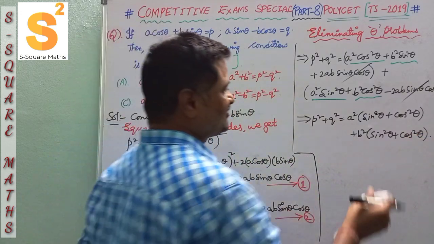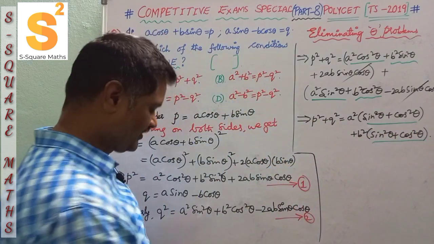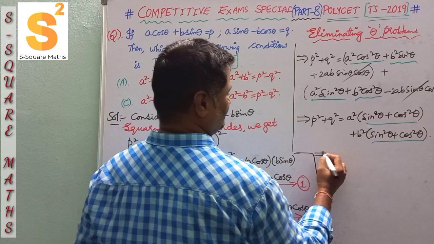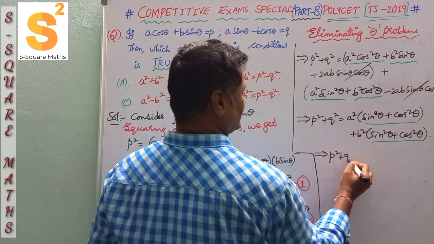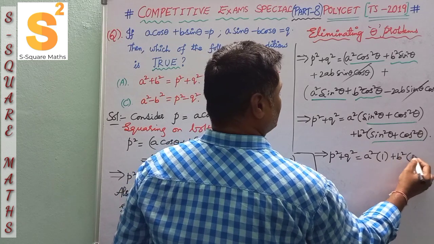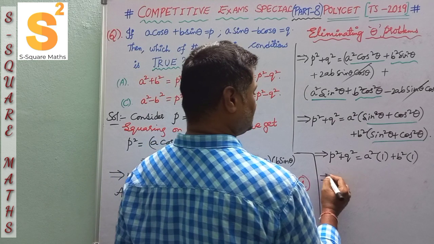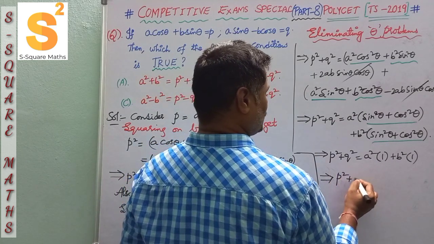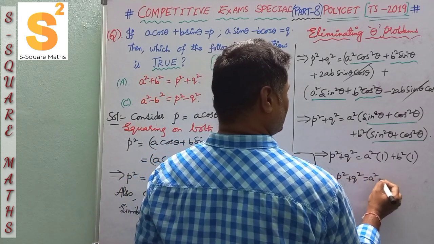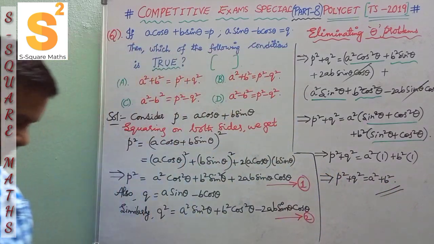We know that its value is always 1. So P square plus Q square is equal to A square into 1 plus B square into 1. Finally, P square plus Q square is equal to A square plus B square. So this is the final expression.